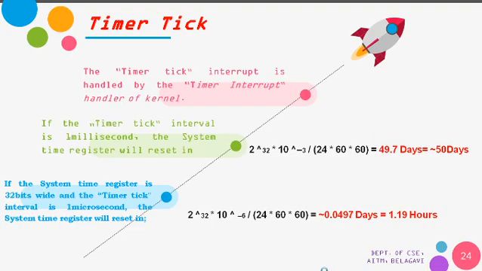Here I am taking 2^32 because it is 32 bits wide, and 10^-6 because the time interval is 1 microsecond, and 24 hours, 60 minutes and 60 seconds. Similarly, if the timer tick interval is 1 millisecond, the system time register will reset in approximately 50 days. The timer tick interrupt is handled by the timer interrupt handler of the kernel.